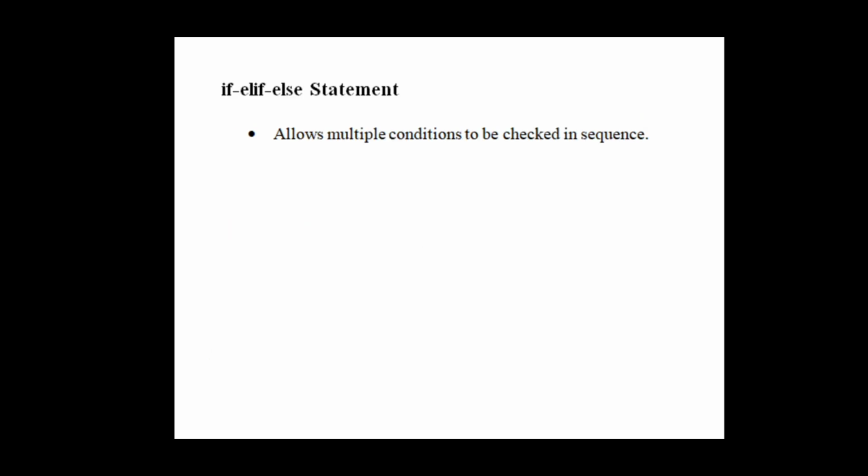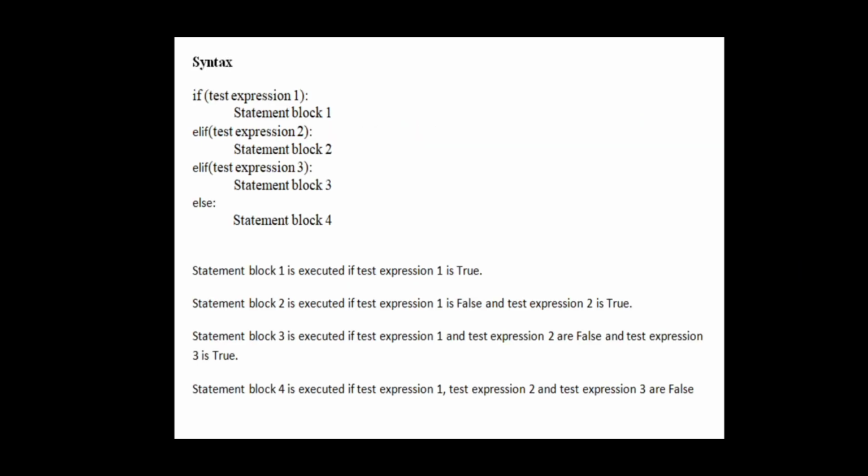The if elif else statement allows multiple conditions to be checked in sequence. Syntax: if test expression 1, statement block 1, elif test expression 2, statement block 2, elif test expression 3, statement block 3, else statement block 4. Statement block 1 is executed if test expression 1 is true.